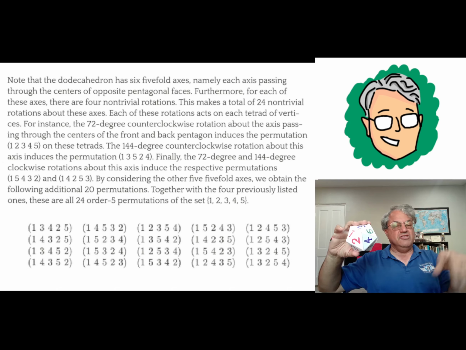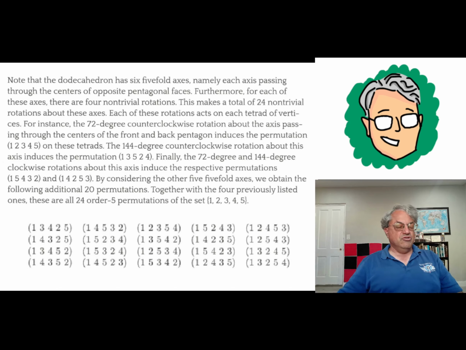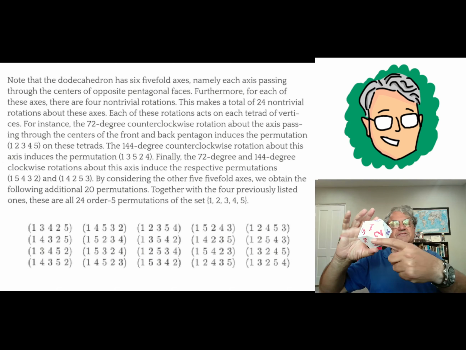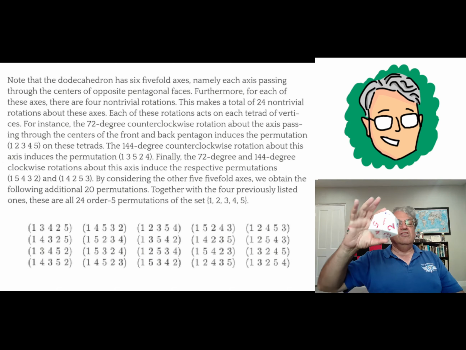But I could do 72 degrees, 144 degrees, or I could keep going, 216 and 288. That's equivalent to 144 degrees and 72 degrees counterclockwise. So you can see that for every pair of opposite vertices of this icosahedron, there's exactly four fivefold rotations.